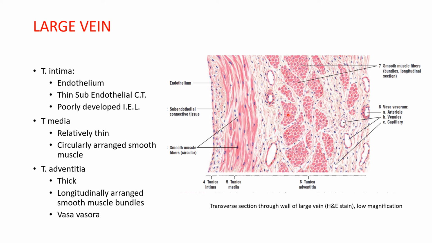Since the smooth muscle fibers are longitudinally arranged, in a transverse section you will get this kind of a view of the smooth muscle cell bundles. Apart from this, in the tunica adventitia, there will also be the presence of the vasa vasorum, the arterioles and venules, and the collagen fibers, elastic fibers, and fibroblasts.